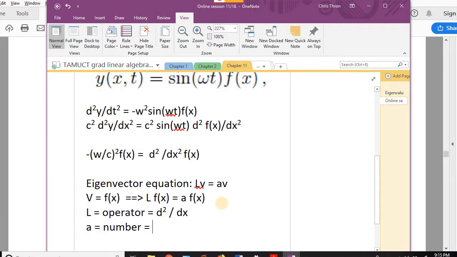So what was A? Negative omega over c squared. All right, there you go. All I did was fit that expression into the eigenvector equation format, and that's what I got.